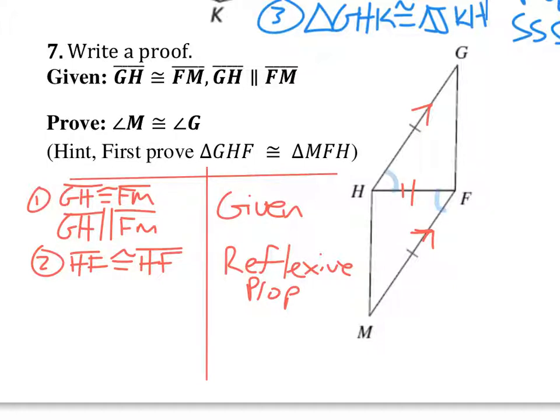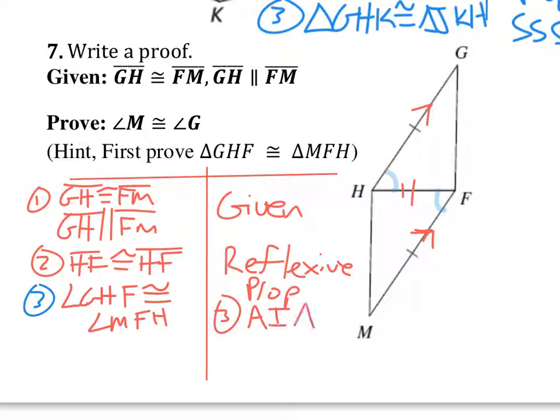Those have to be congruent. So we have angle, three letters now, GHF is congruent to MFH, and that is because of alternate interior angles. I'll go ahead and number these.